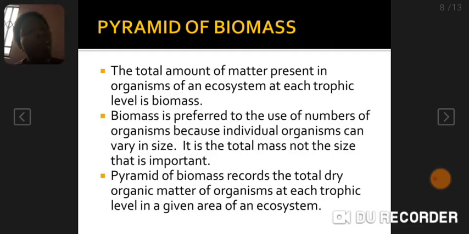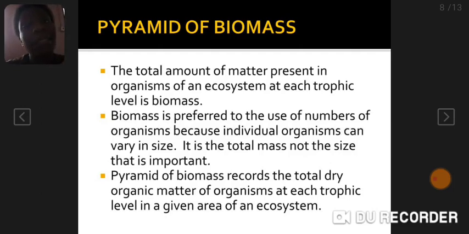Pyramid of biomass records the total dry organic matter of organisms at each trophic level in a given area of an ecosystem. When we talk about biomass, this is the amount or quantity of matter contained in a living organism.